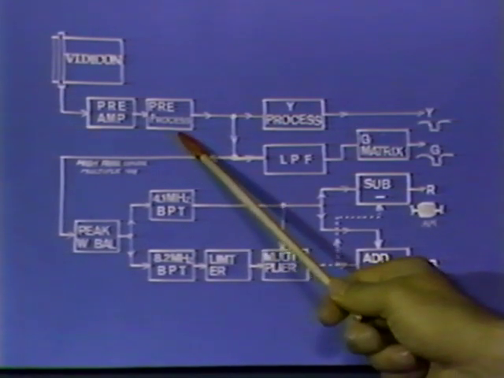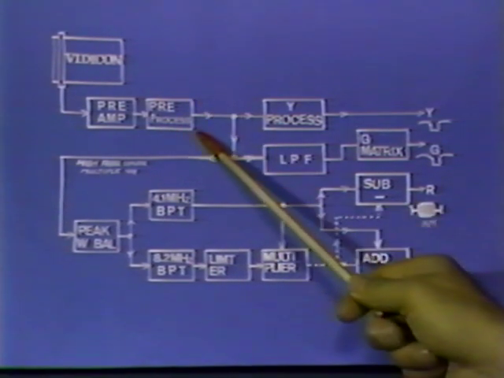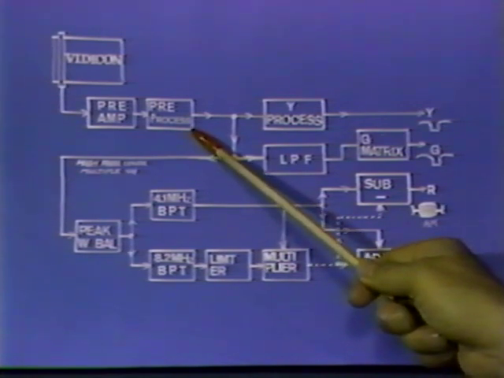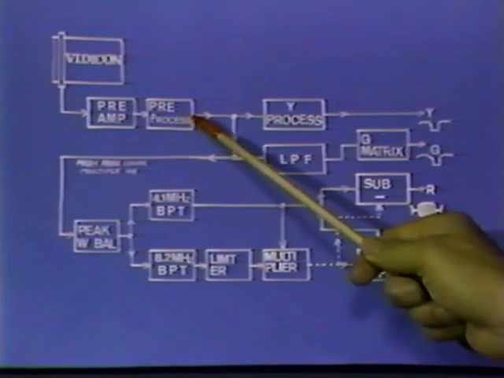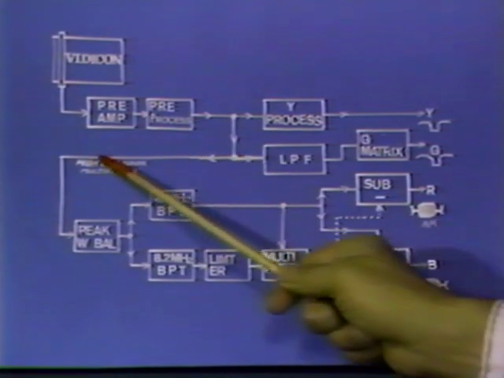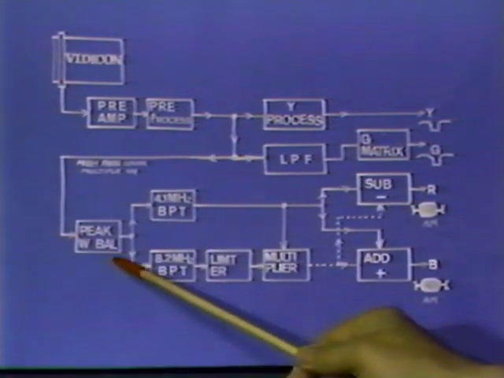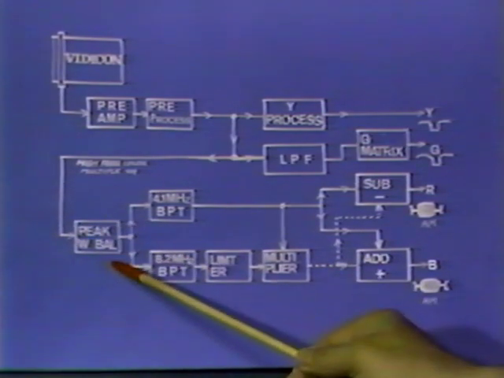The multiplex signal that has taken peak compression, AGC, and phase compensation in the preprocess amplifier goes through further compensation for the better peak-white balance and into the R and B separator.